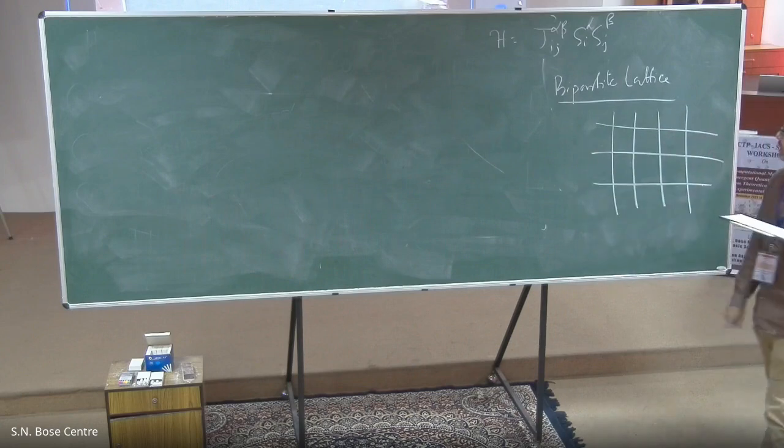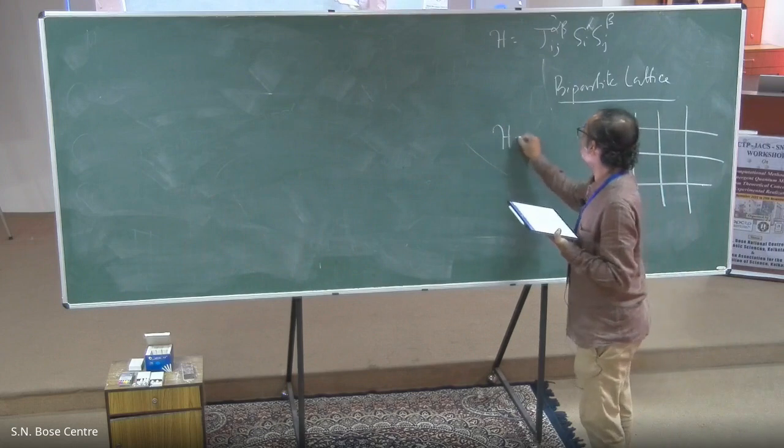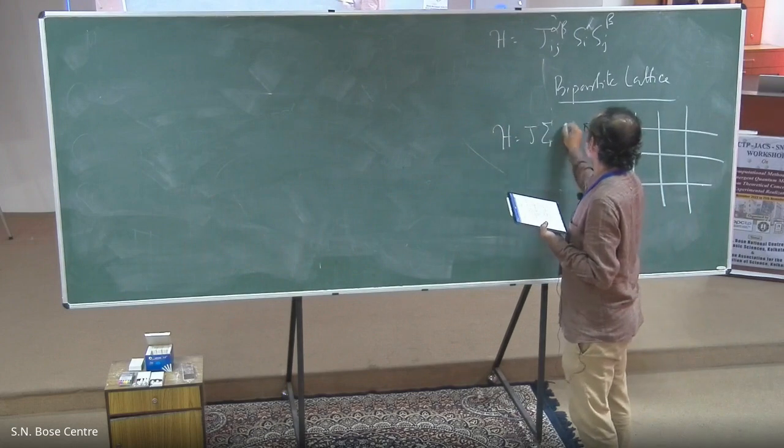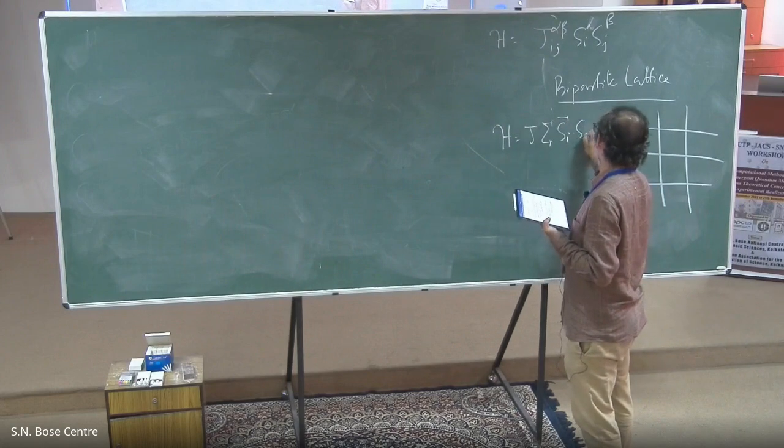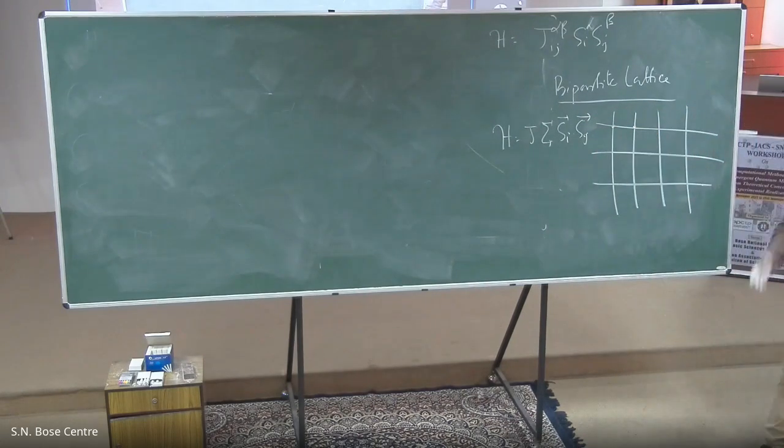We are all taught that we have a nearest neighbor antiferromagnetic Hamiltonian on a square lattice, and even for spin half, this seems to go into a symmetry broken phase, the Neel phase, at low temperatures.